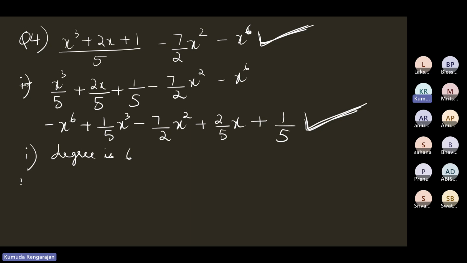Second one, the coefficient of x cubed. Abhishek, what is the coefficient of x cubed in your book? Not from the screen. What have you written? Have you written 1?